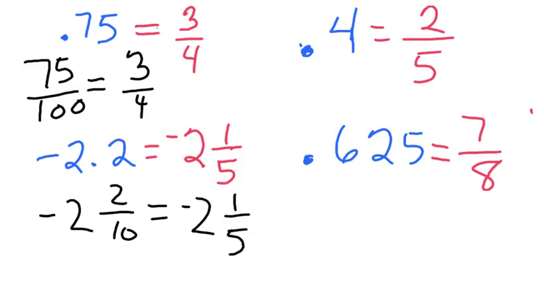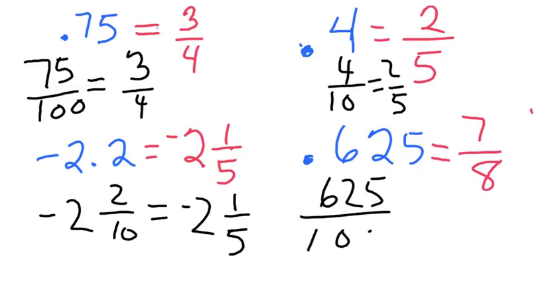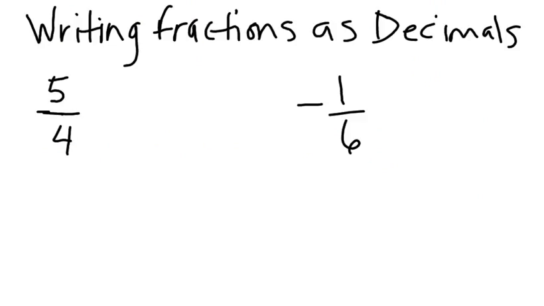You might have said, well, that's 4/10, that's right, reduced to 2/5. Or you might have gone 625/1000. And then you have a long way to go till you finally get it reduced down to 5/8. See how valuable learning and memorizing the fraction decimal equivalents could be? So learn them.